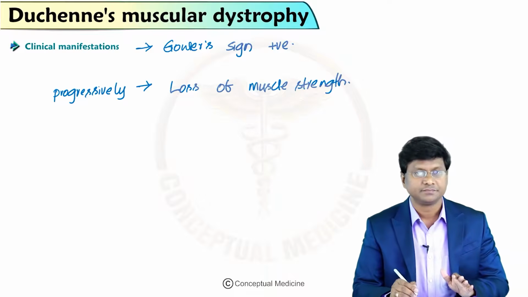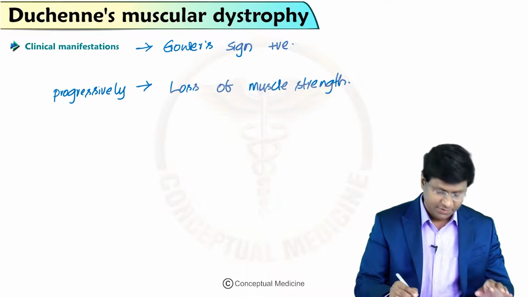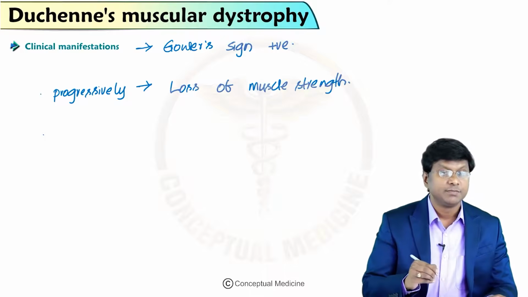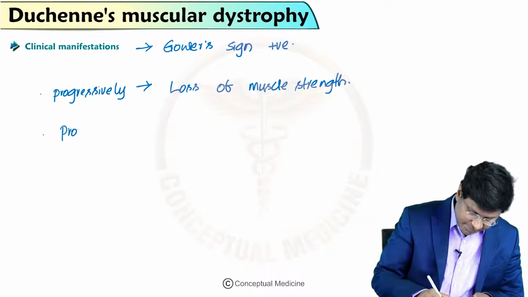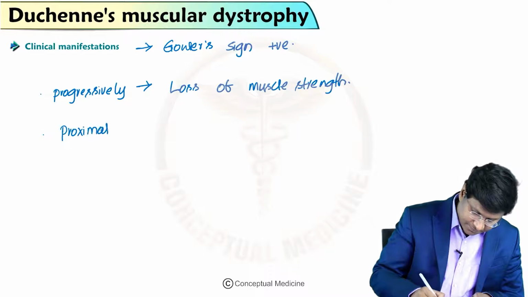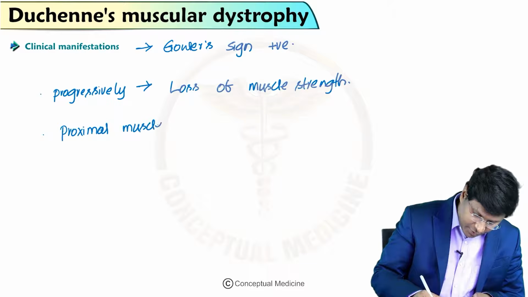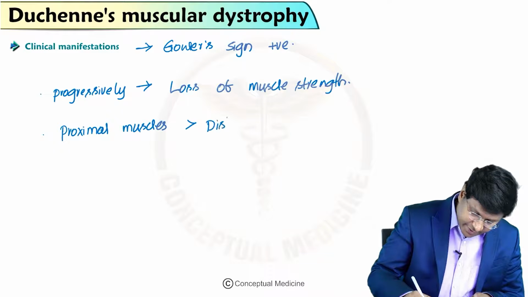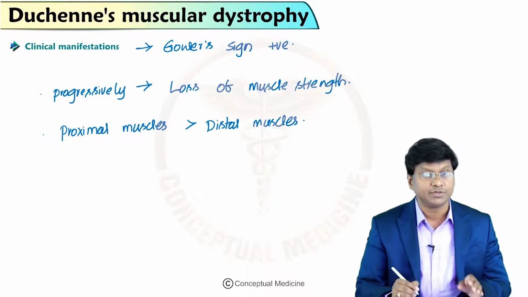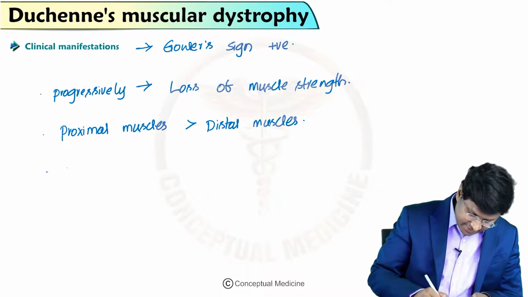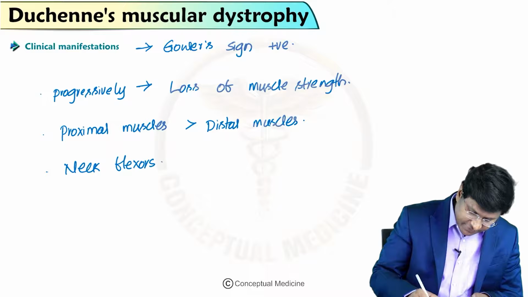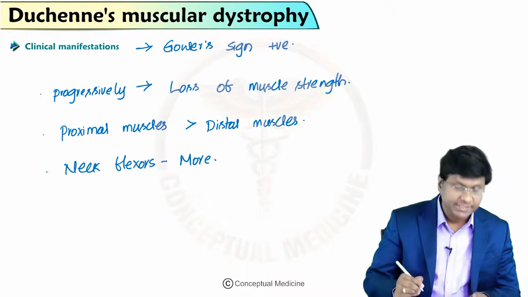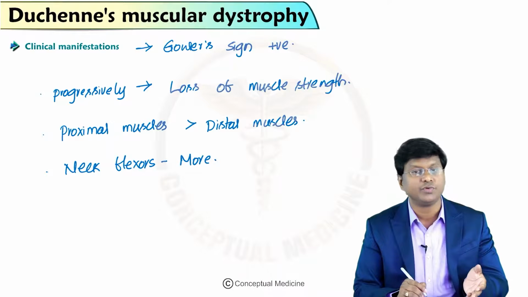In these individuals, proximal muscles are involved more compared to the distal muscles. The other important group of muscles affected more is the neck flexors. Neck flexors are involved more.